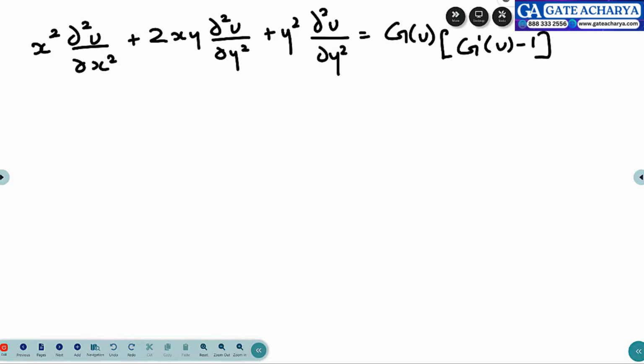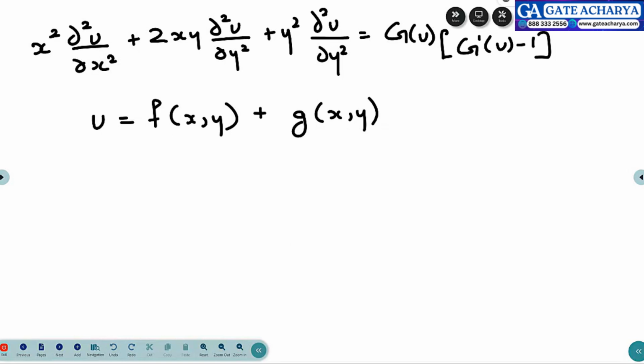If u is equal to f of x comma y, u is a function which is a combination of two functions.